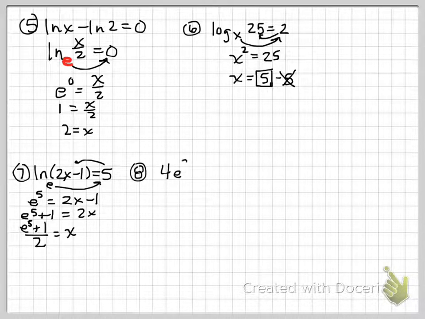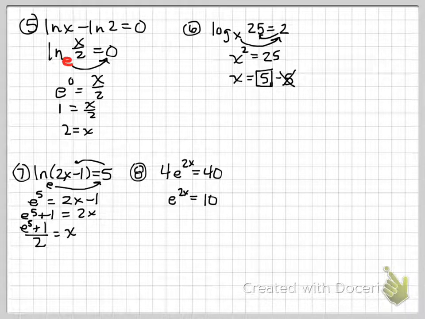For 4e to the 2x equals 40. Alright, so I'm going to divide by 4 to get the e to the 2x by itself. So e to the 2x is going to equal 10.